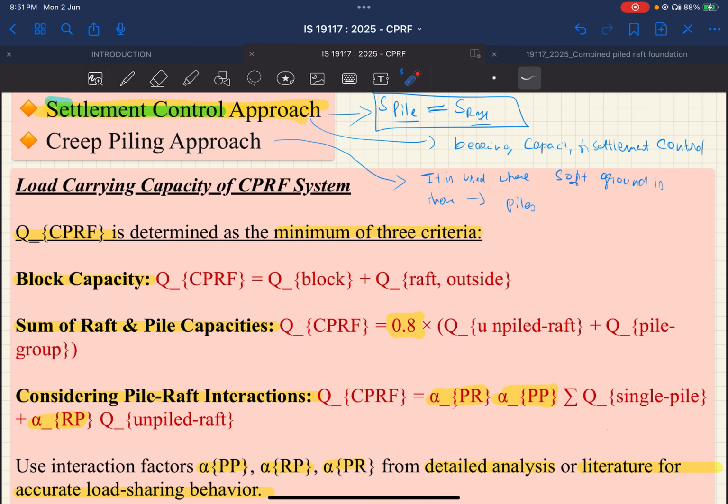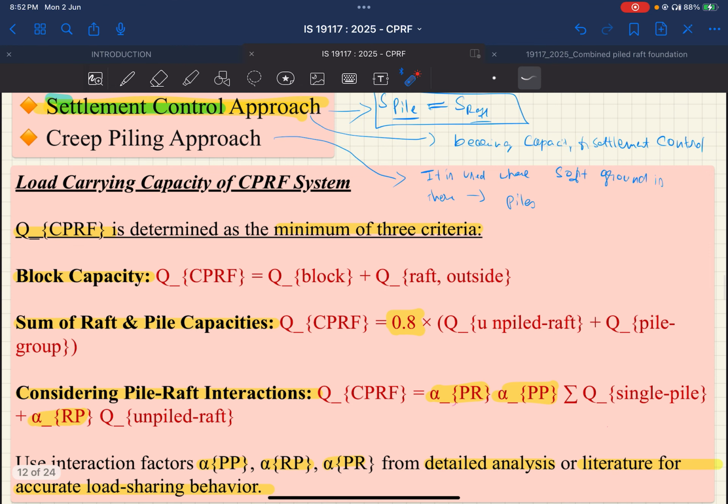The first one here is block capacity, where ultimate capacity of the CPRF is equal to Q block plus Q raft outside. What does it mean? What is Q block?